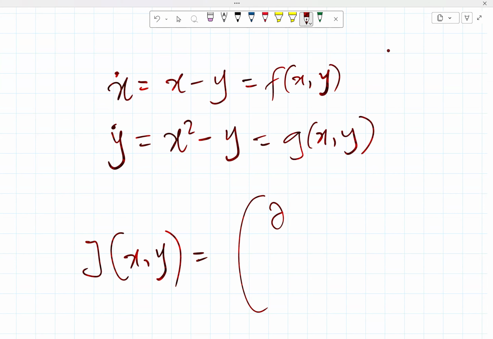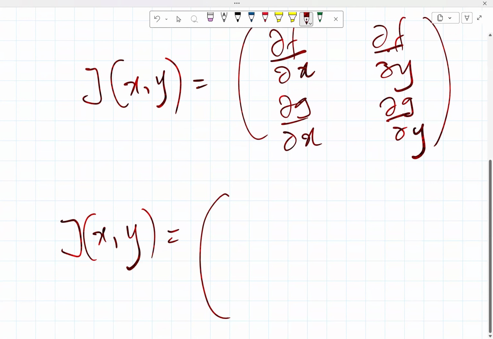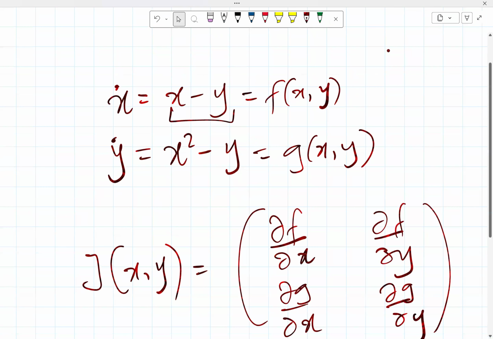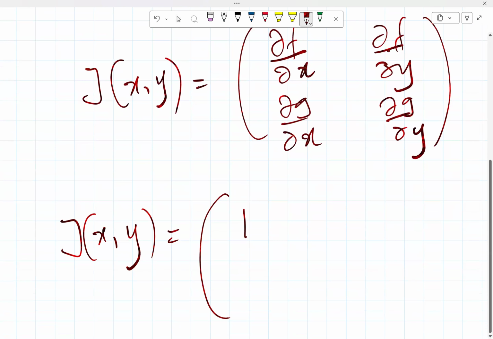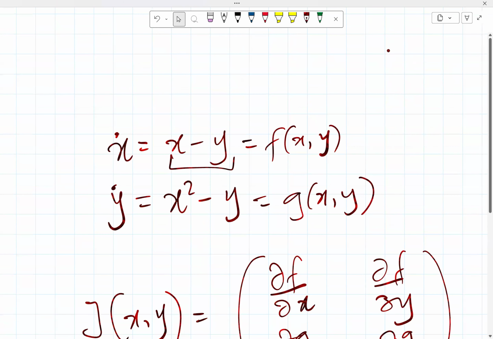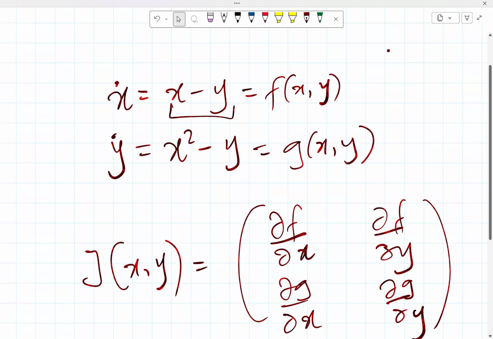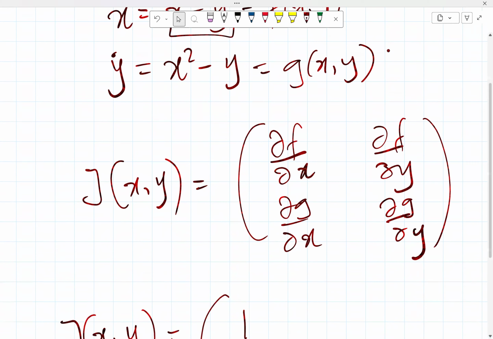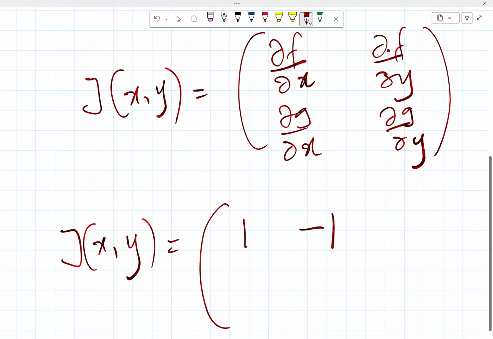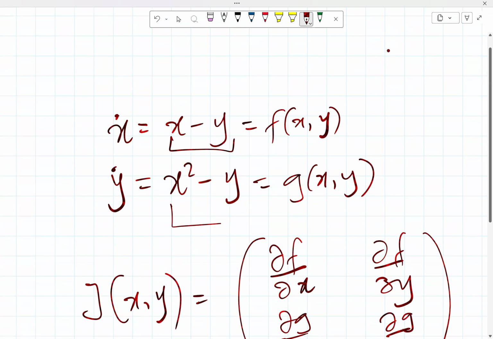So J of x comma y is equal to, partial f partial x. That means this x minus y differentiated with respect to x, you get 1. Then differentiate the expression again with respect to y. Of course, x is constant in that case, minus y is what we're focusing on, so we get minus 1. Then when you come down here, you want to differentiate this expression with respect to x.